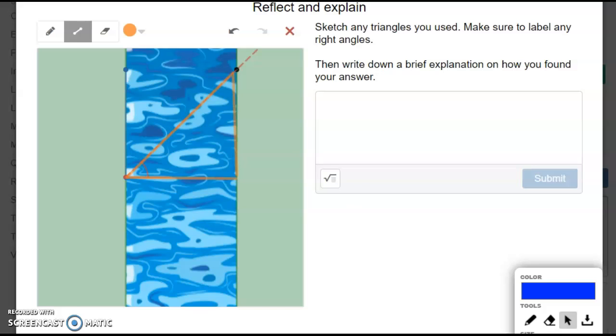So that was my triangle, and I know that this was 45 degrees, and this was 45 degrees too. Okay, it's not showing up. Then write down the brief explanation. You could do that.